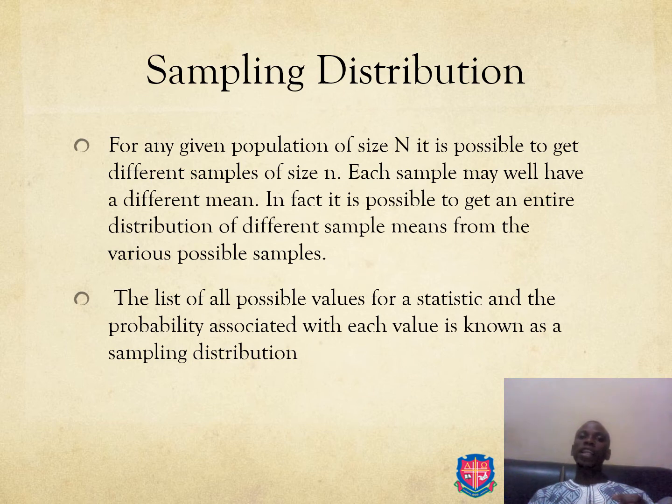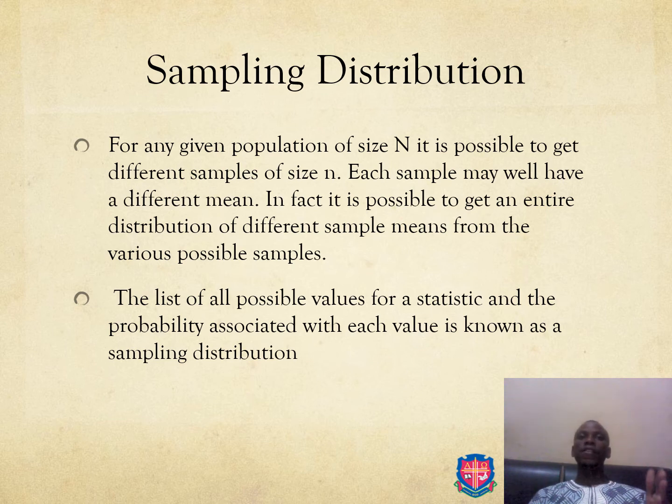So you may find that different samples from the same population have different means. So you have 3 samples of size, let's say, 100. They're all from the same population. So you may find that the first sample may have a mean based on the characteristic you're looking out for. Maybe it's the age of the elements.